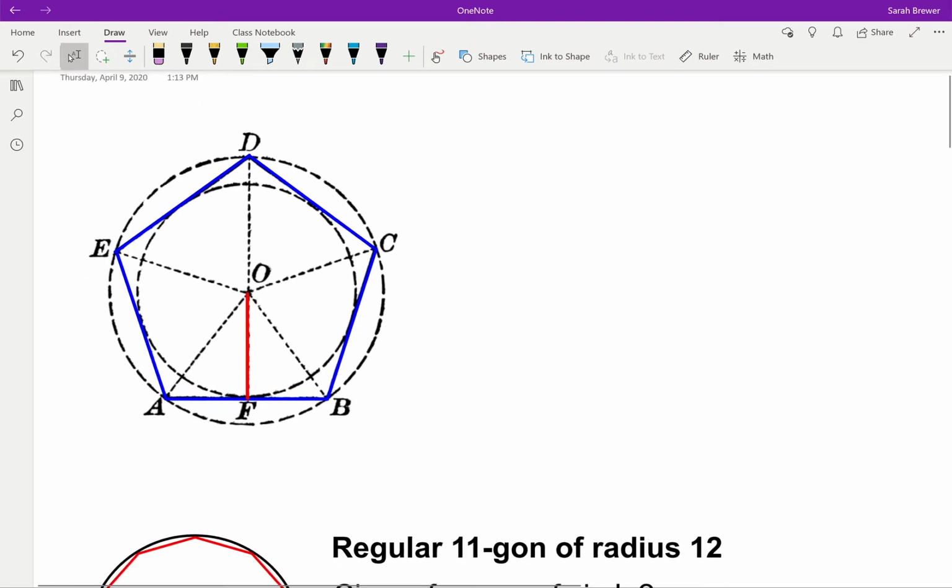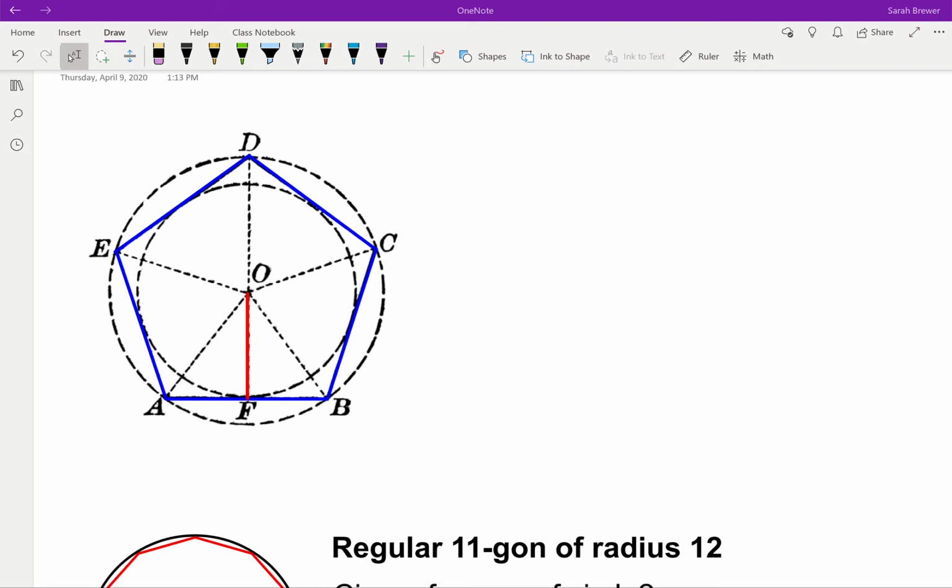So even though I have a pentagon drawn here, we're just going to assume that this inscribed shape has n sides. Okay, so a couple of things. In this picture, when we think about the circle corresponding to this polygon, we'll notice there are two of them, right?